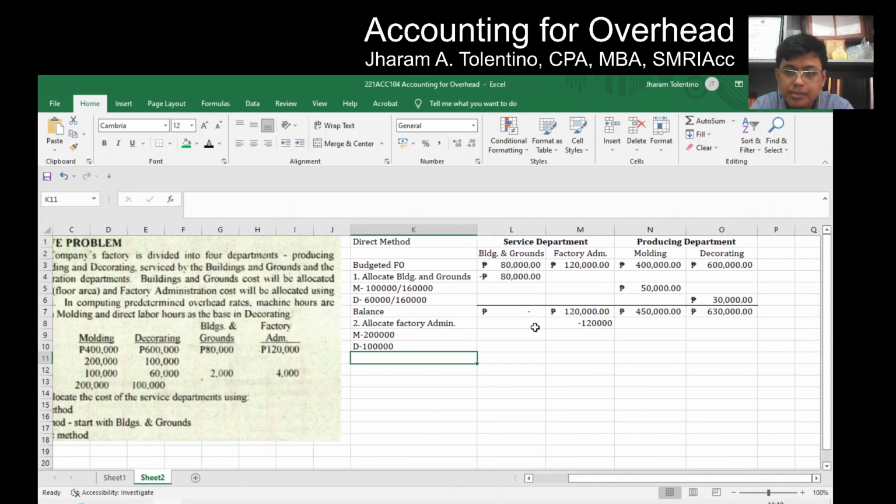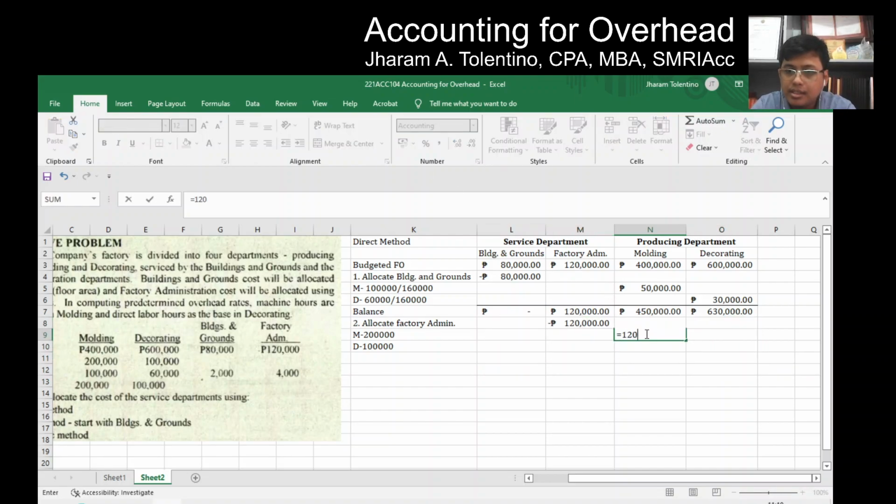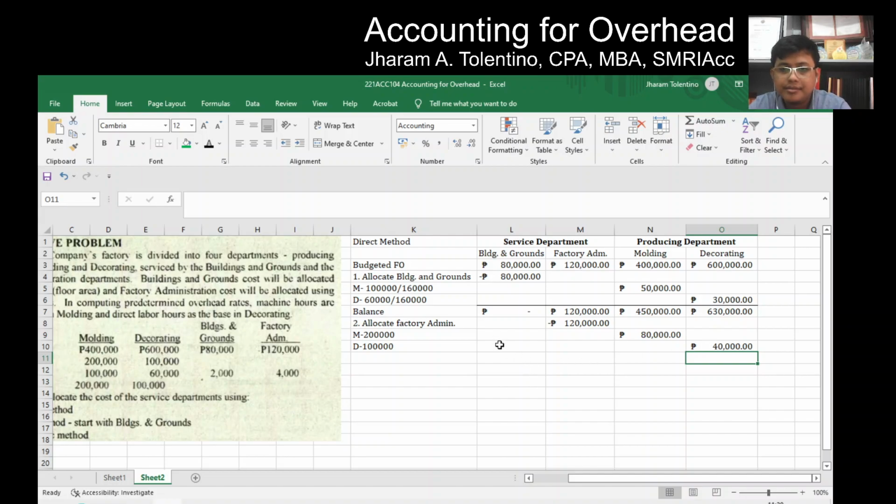So, this one should be 120,000 times 200 over the total nilang dalawa, 300. Yan lang. Okay. Next one is 120,000 times 100 over 300. Yan lang. 40. Tapos na. That's direct method.